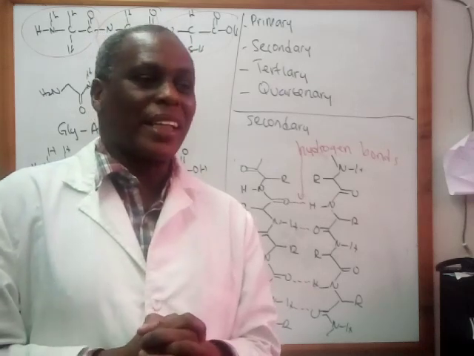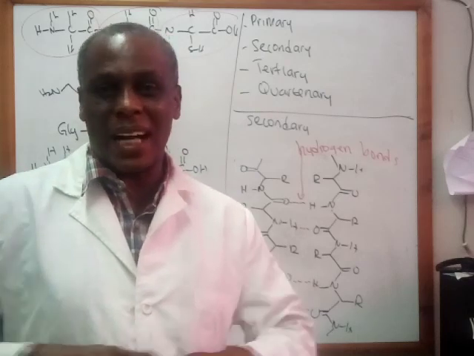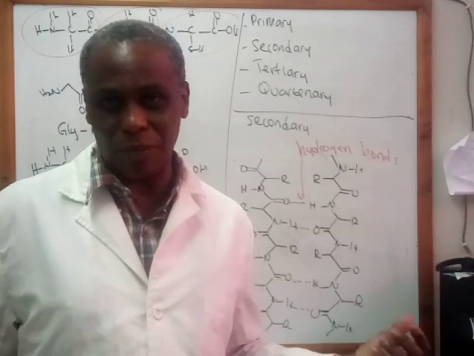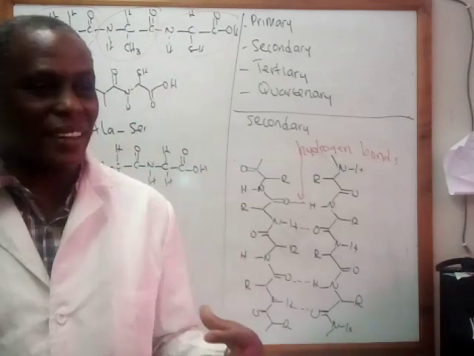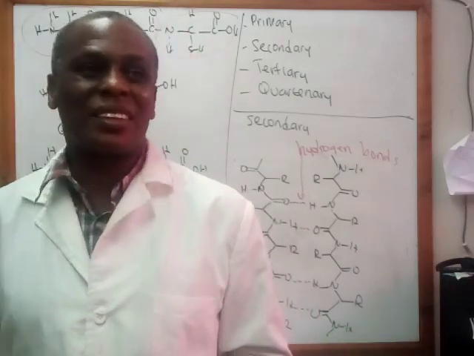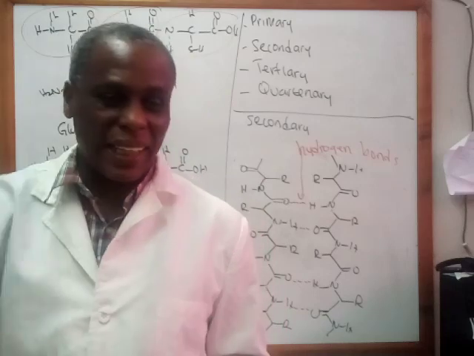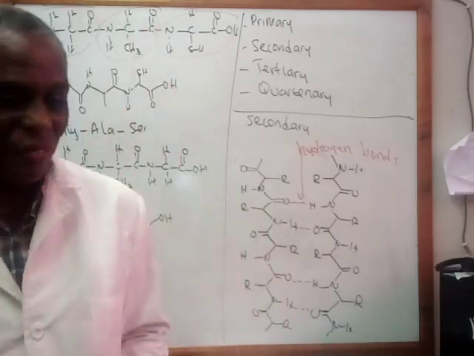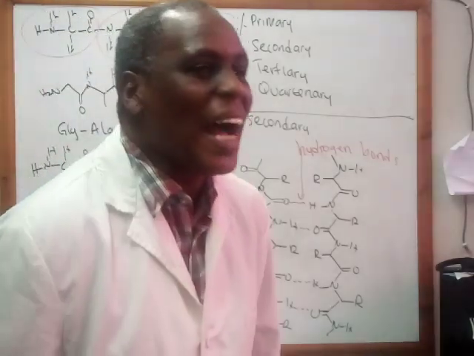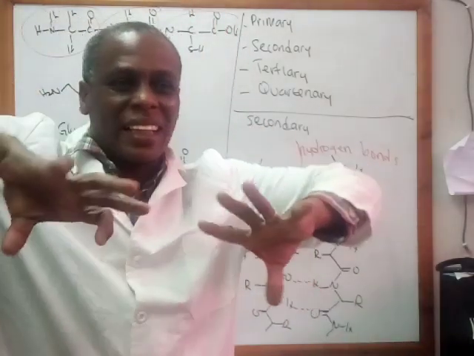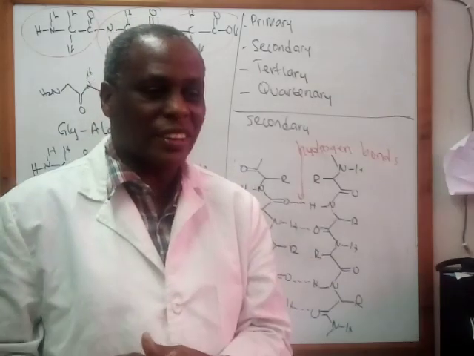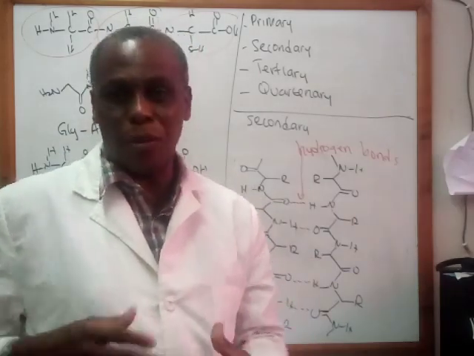For example, if it's going to act like a catalyst, a biological catalyst is called an enzyme. If you're going to catalyze a reaction, then the molecule to be catalyzed, for the reaction to go slightly faster or much faster, has to fit into a certain depression within that three-dimensional structure called the receptor pocket.